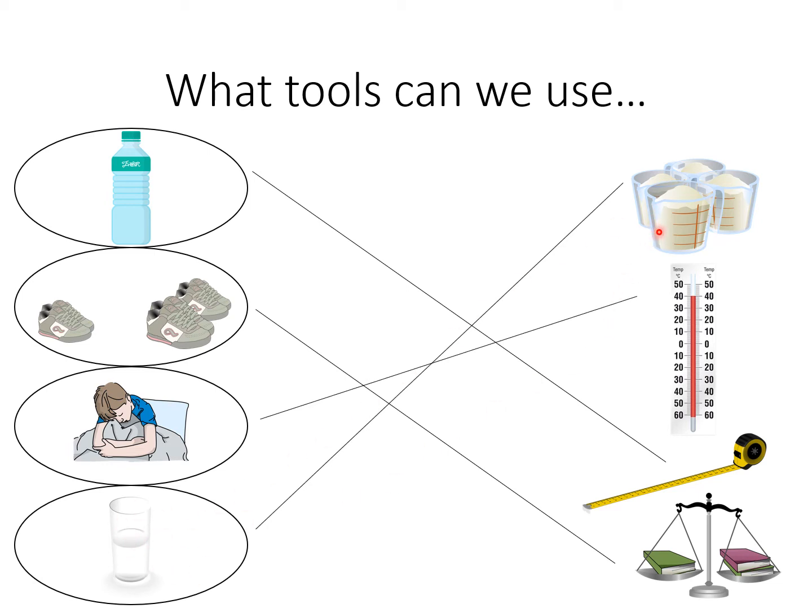I can't use the measuring cup to help the kid, because measuring cups are used to measure the amount of liquid that something holds. So this measuring cup can tell me how much water is in this cup. The thermometer can tell me if this kid has a fever, and maybe that's why he looks so sick.